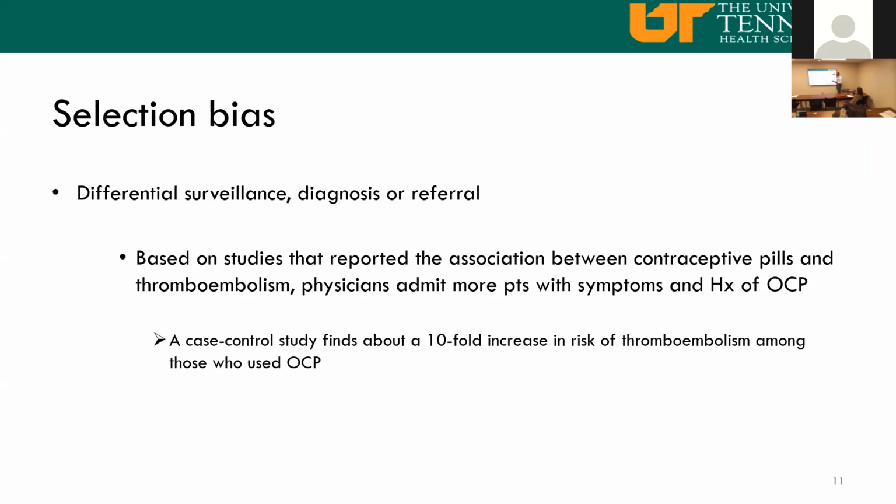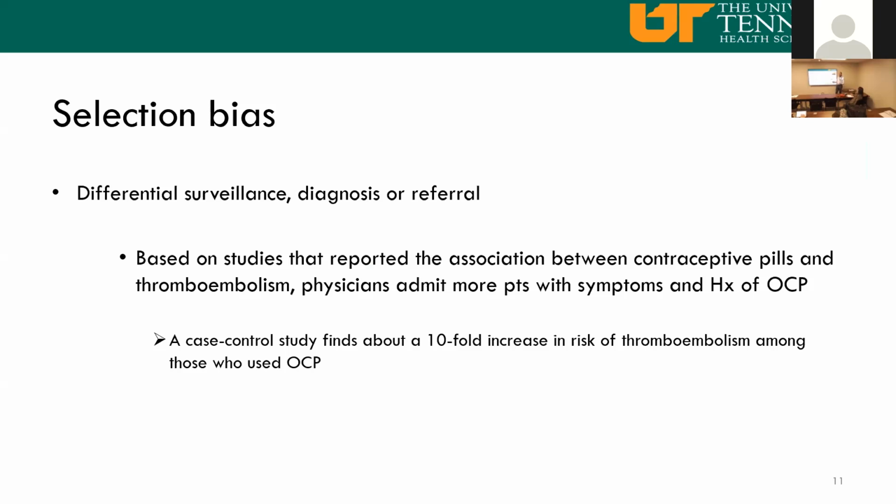What this means is there are previous studies that have been published that have found an association between oral contraceptive pill use and the risk of thromboembolism. So the physicians are aware, and if a patient has some signs and symptoms of thromboembolism and a history of OCP, they are more likely to admit that patient.